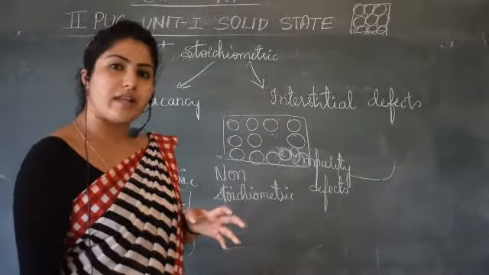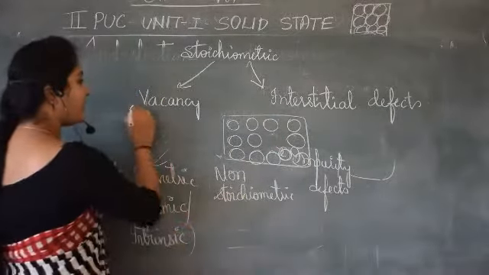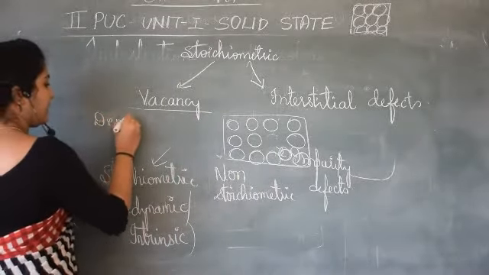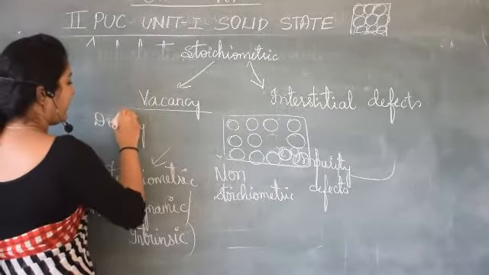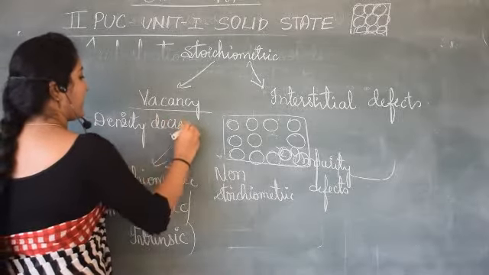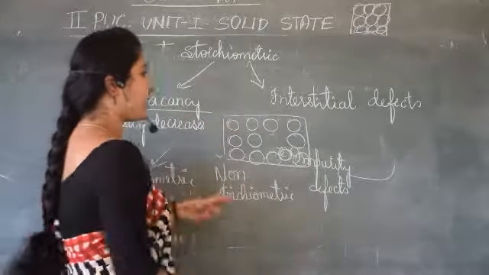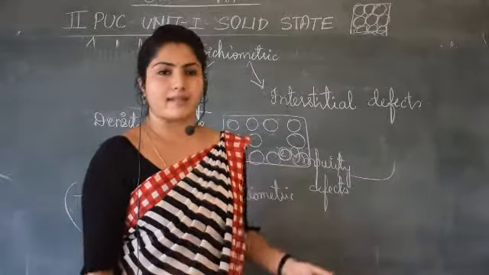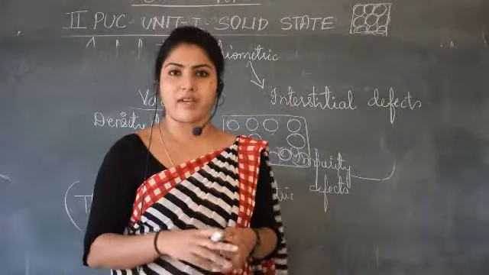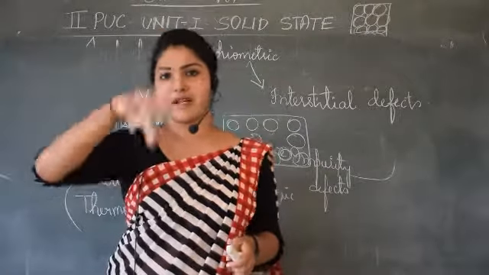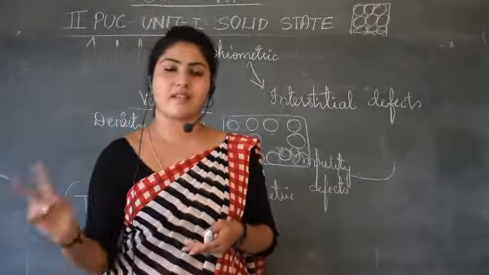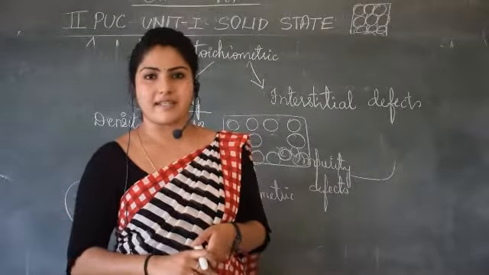One more point that you have to remember is, if there is a vacancy defect, density decreases. And in an interstitial defect, there is a possibility that density increases. If suppose a crystal system is formed with particles arranged somewhere else, there will be a change in the density.